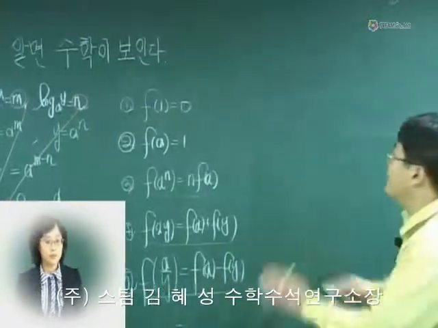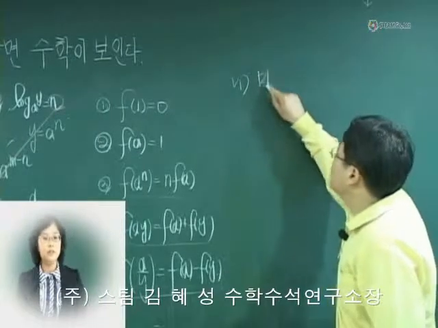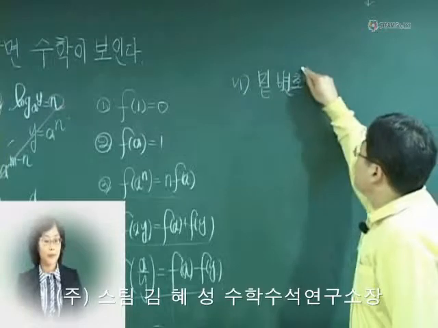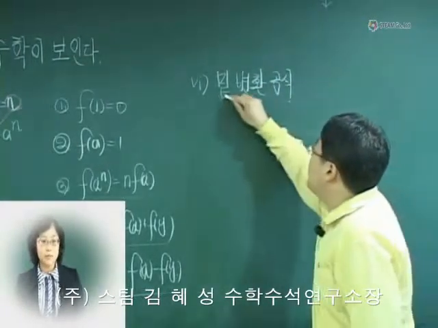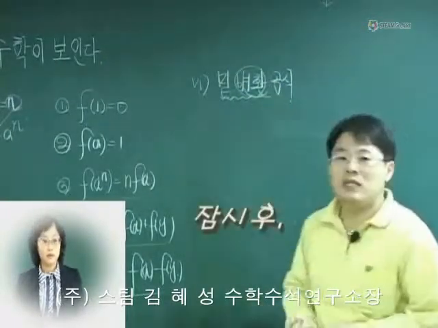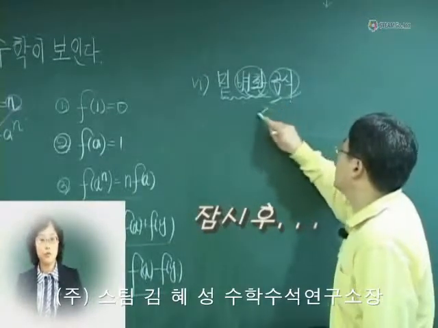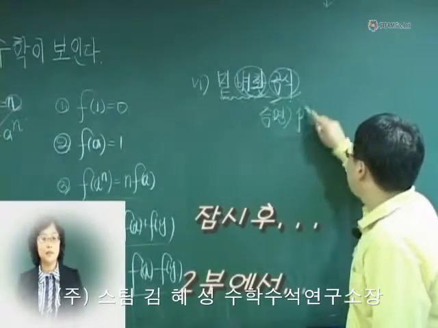The sixth one, the base transformation formula. Base, what do we do with the base? Transform. The formula, what do we do with the formula? We have to prove. Okay, let proof be PF.